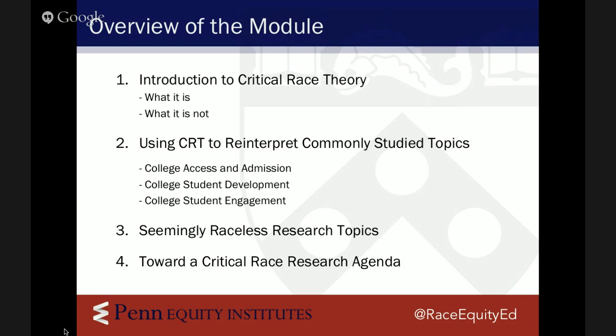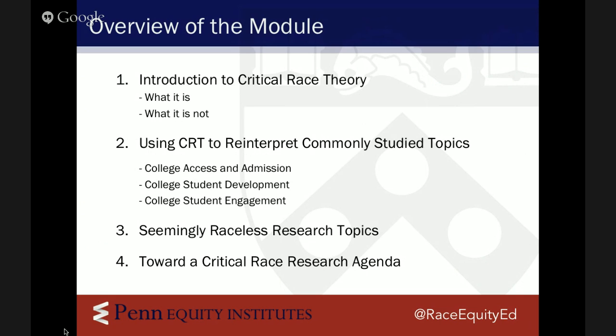Specifically, here's what Lori and I will do in this module. She will kick us off with providing an introduction to critical race theory. She will talk a bit about what CRT is, where it came from, and so on. And I will follow up by talking about what critical race theory is not and some common misapplications and misuses of CRT.